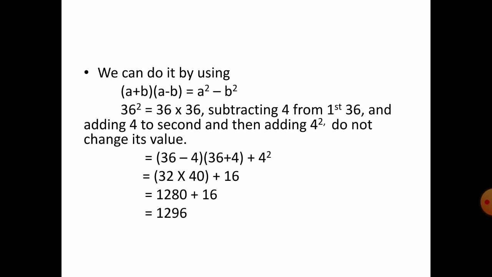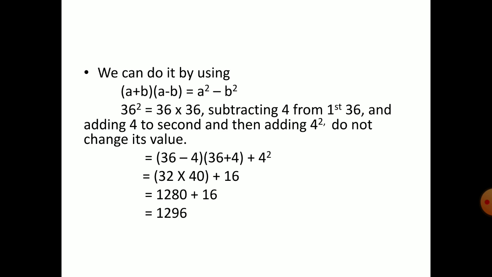Even in the third case, we can use a plus b into a minus b. The product is a square minus b square. To find the value of 36 square, it is written as 36 into 36. Subtracting 4 from the first 36 and adding 4 to the second 36, and then adding 4 square, does not change its value.